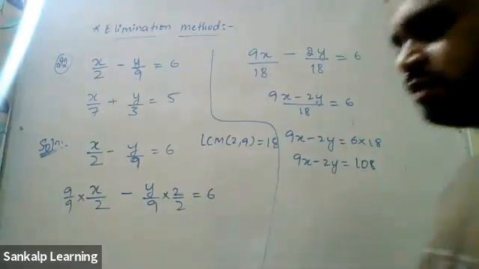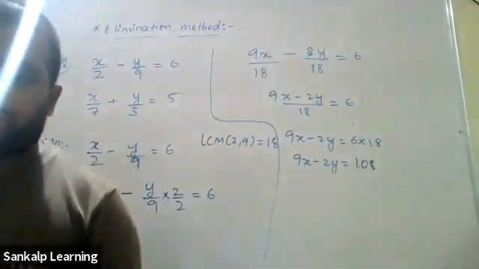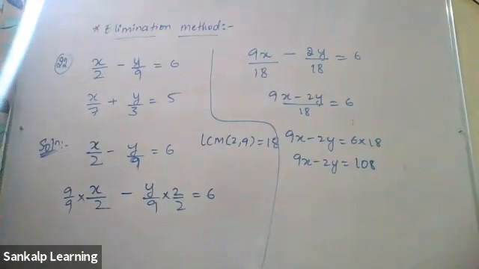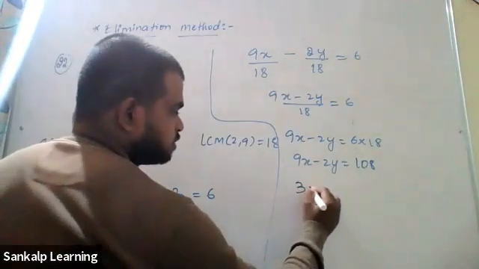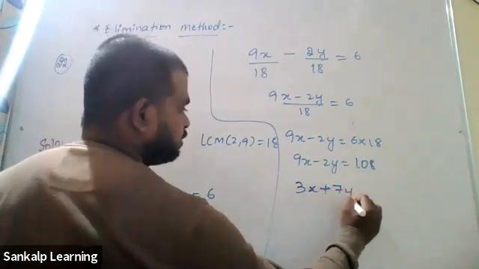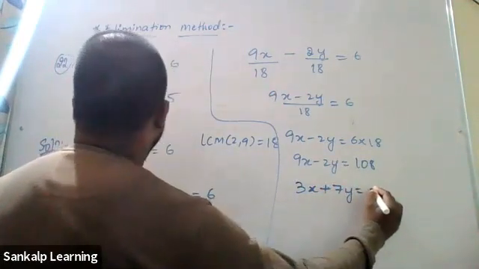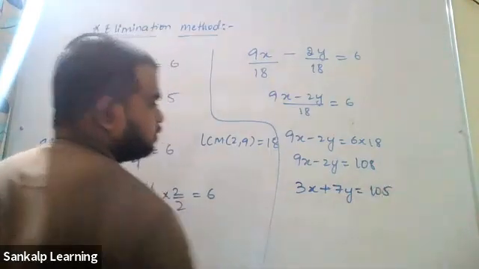Then again solve it. If you do it properly, you should get this as your second equation: 3x plus 7y equal to 105.